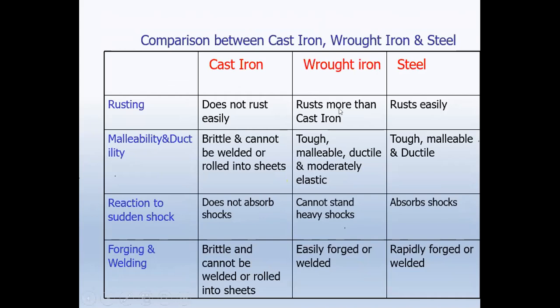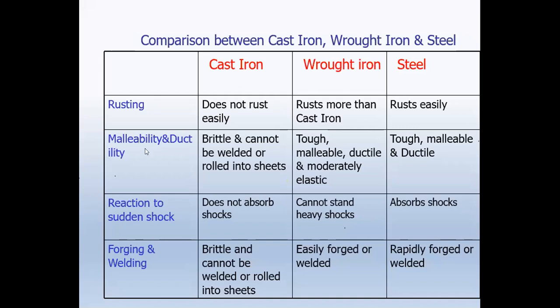This one rusts more than cast iron. But this one rusts very easily. And as you remember yesterday, we said that when you work with steel, you have to ensure proper precautions to prevent rust, because steel gets rusty easily.